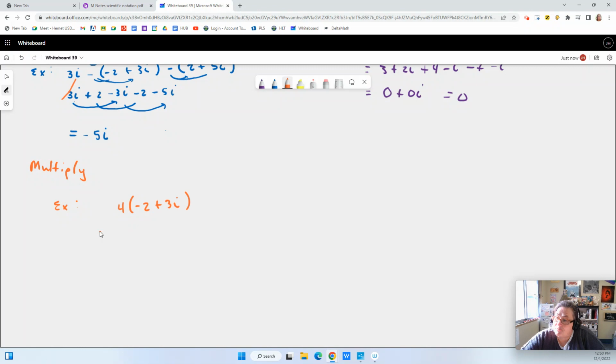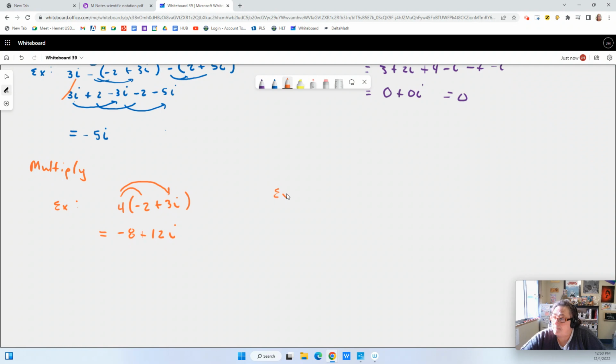I'm going to have to distribute that 4 through each piece. So 4 times -2 is -8. 4 times 3 is plus 12i. And that's as good as that is going to get. We don't have an i squared on this problem, so this is our final solution.